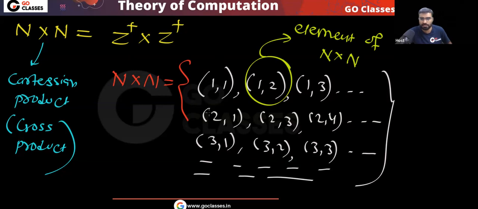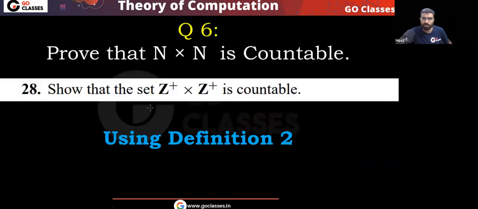You have ordered pairs. This is an element of n cross n. All these are ordered pairs, and each one is an element. Now what we need to prove is that this n cross n is countable.